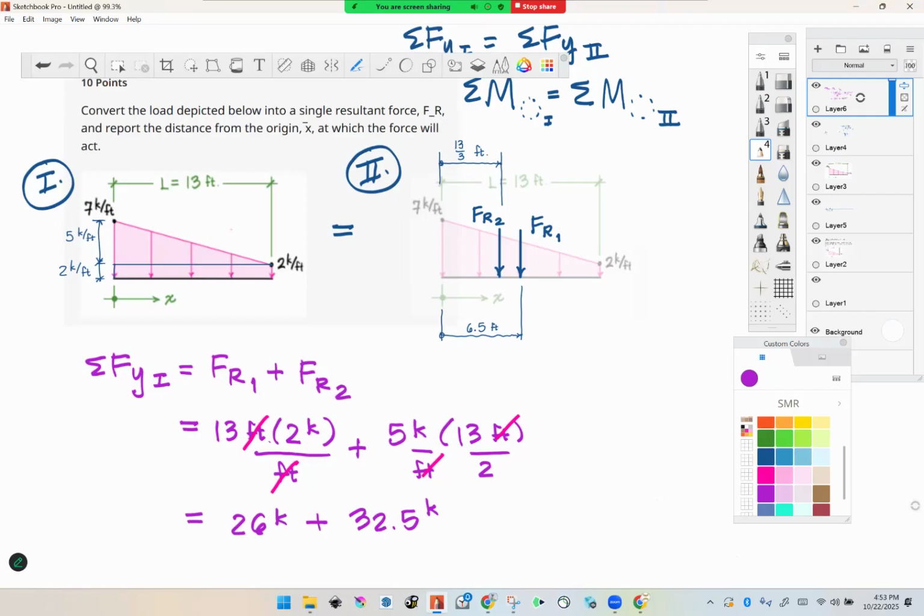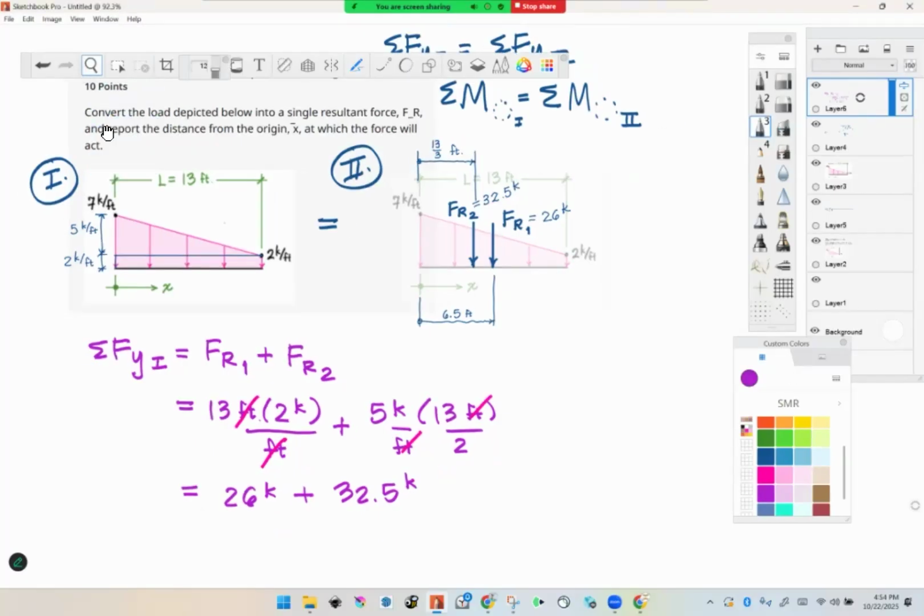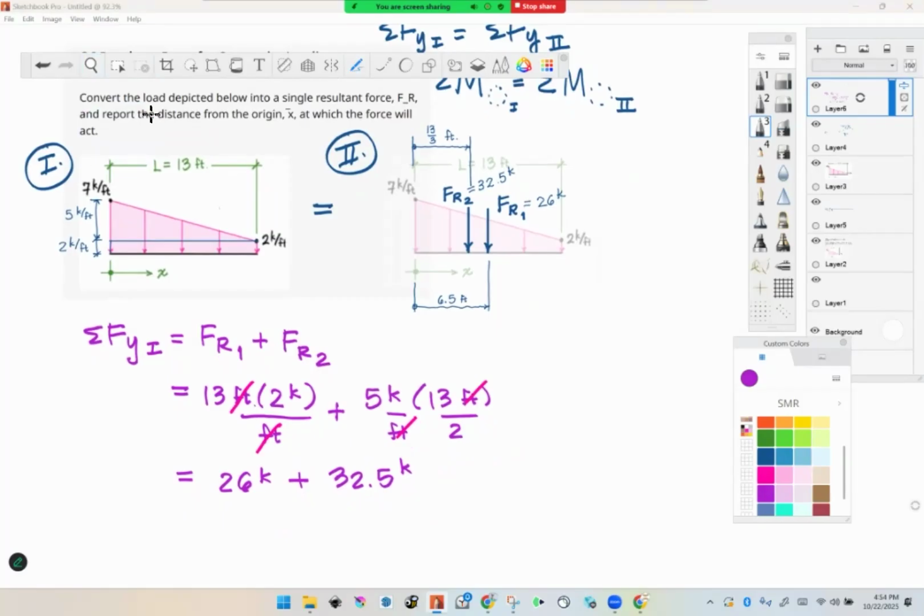Okay, and I'll make a little note to myself right up here. F sub R sub 1, 26 kips. F sub R sub 2, 32.5 kips. The first part of the problem asks me for how much that force is. And so here, I just need to sum these two up.